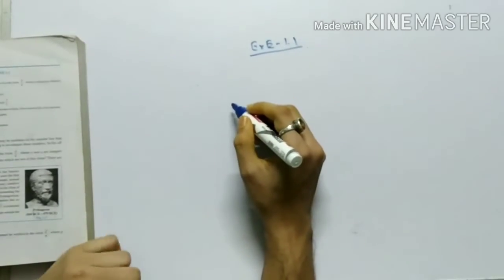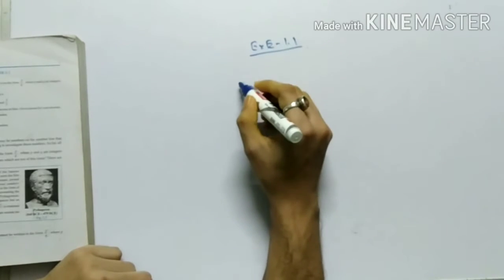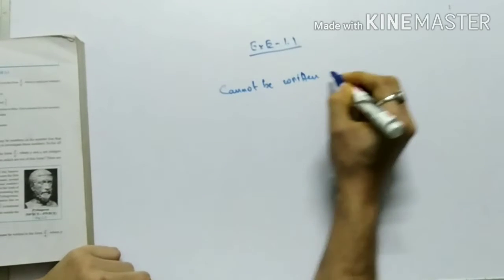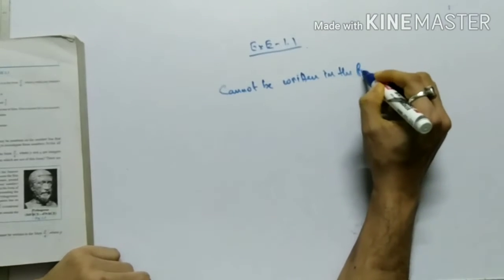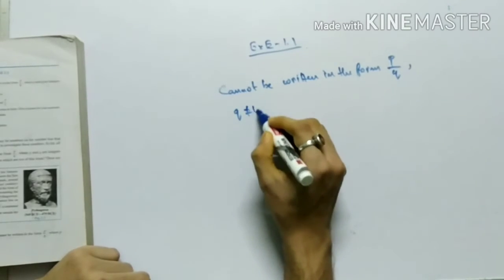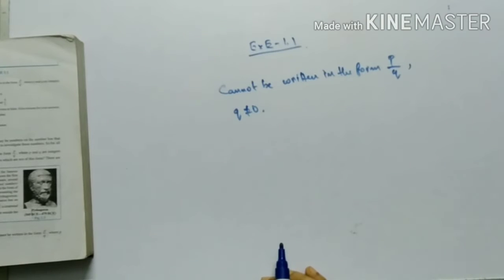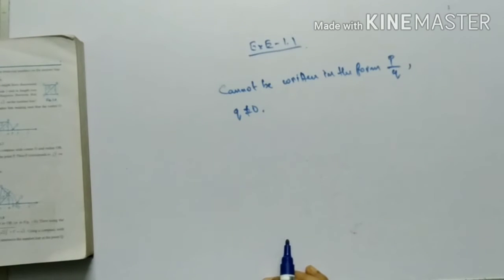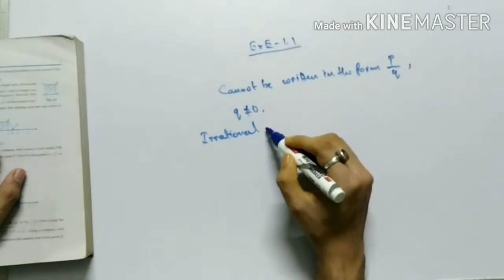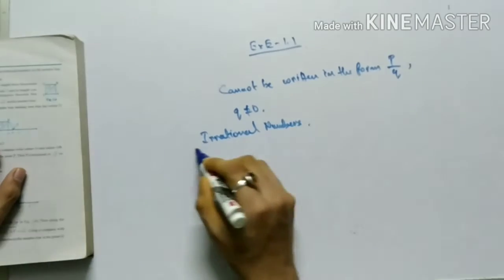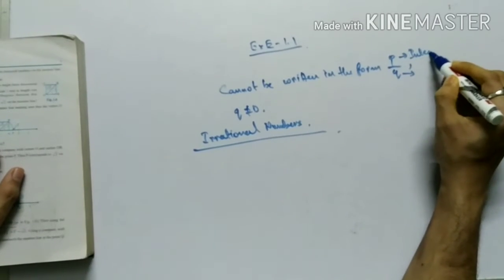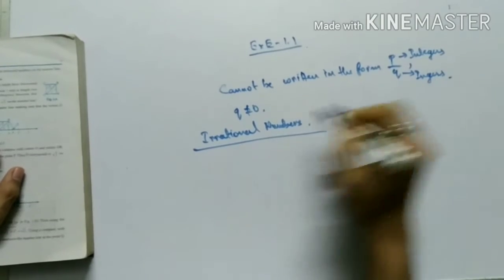Irrational numbers are those numbers which cannot be written in the form p by q, where p and q are integers and q not equal to 0.